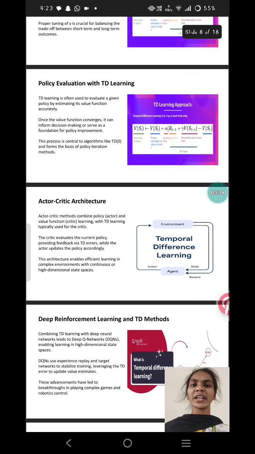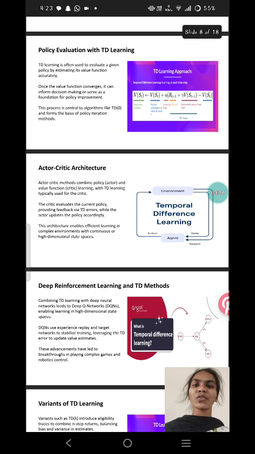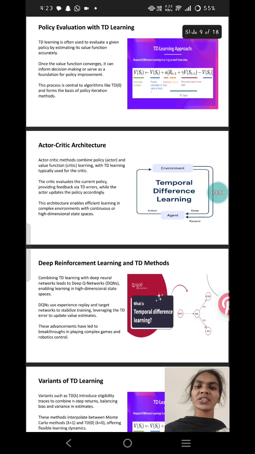Policy evaluation with TD learning. TD learning is often used to evaluate a given policy by estimating its value function accurately. Once the value function converges, it informs decision making or serves as a foundation for policy improvement. The process is central to algorithms like TD(0) and forms the basis of policy iteration.